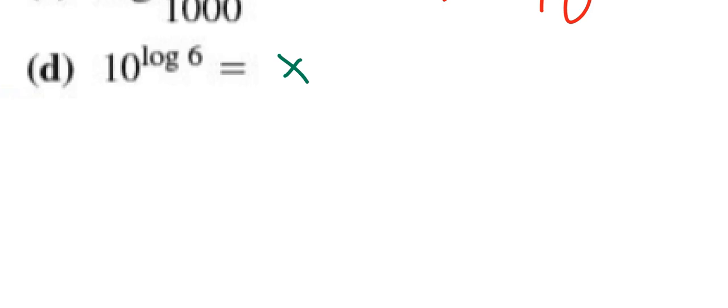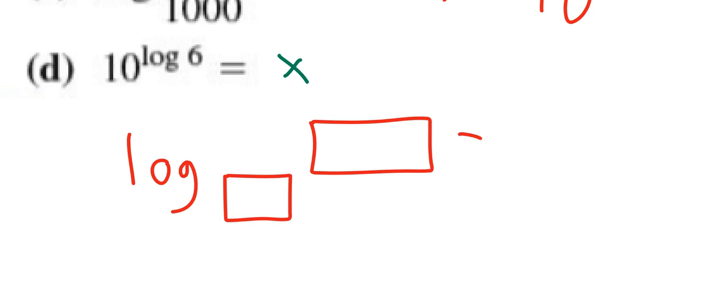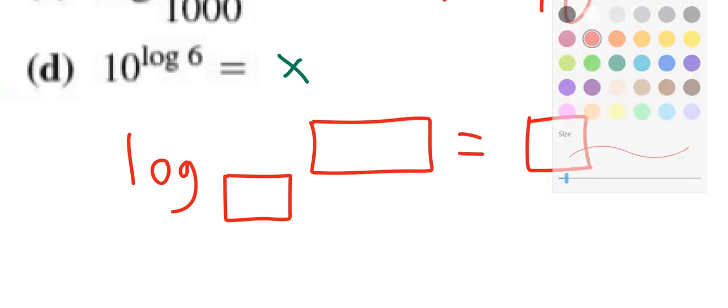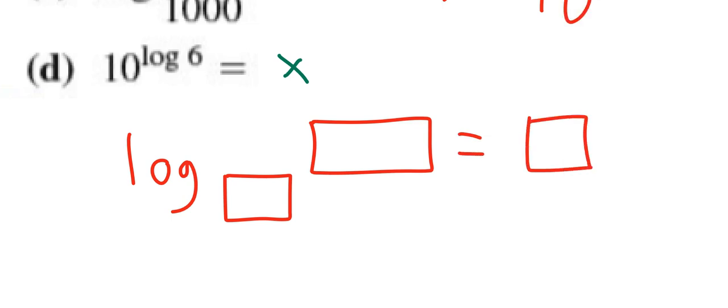Okay, so what'd you do with this one? It's already in exponential form, so we need to change it to what? Log form. Okay. So log base something of something equals something. Log, the base is 10. I would agree with you there.